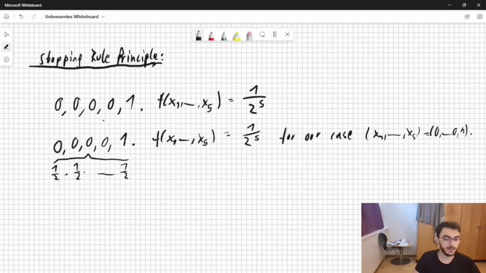But the likelihood of any case is geometric. So if we have some event which is equal to 0 up to n, then the probability of this event occurring is actually 1 over 2 to the power of n.